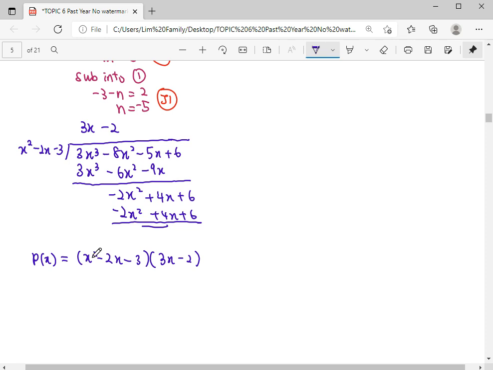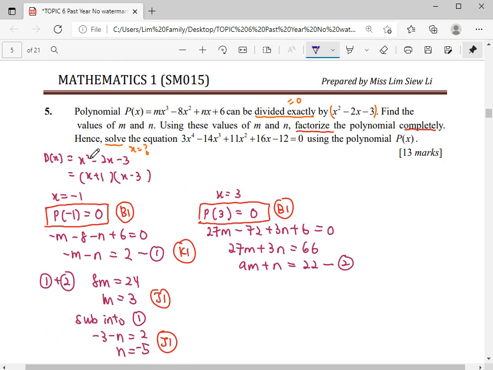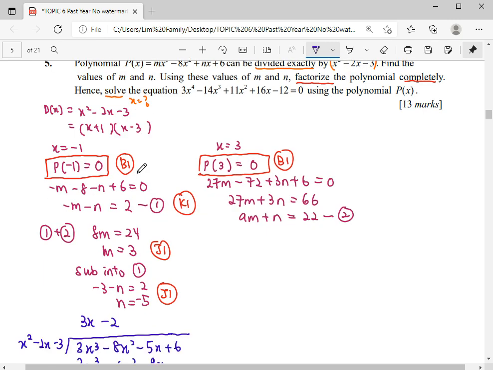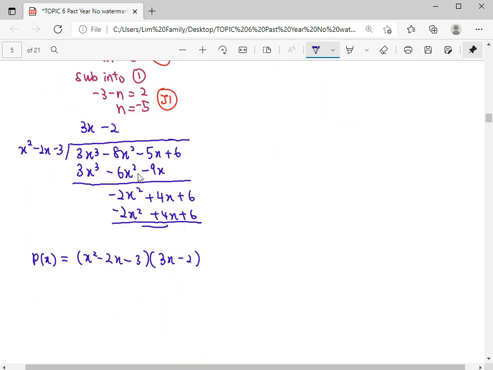And then just now, our divisor, from the quadratic part, we can factorize into linear factors. So we managed to factorize it completely like this. A cubic polynomial will have 3 factors together.